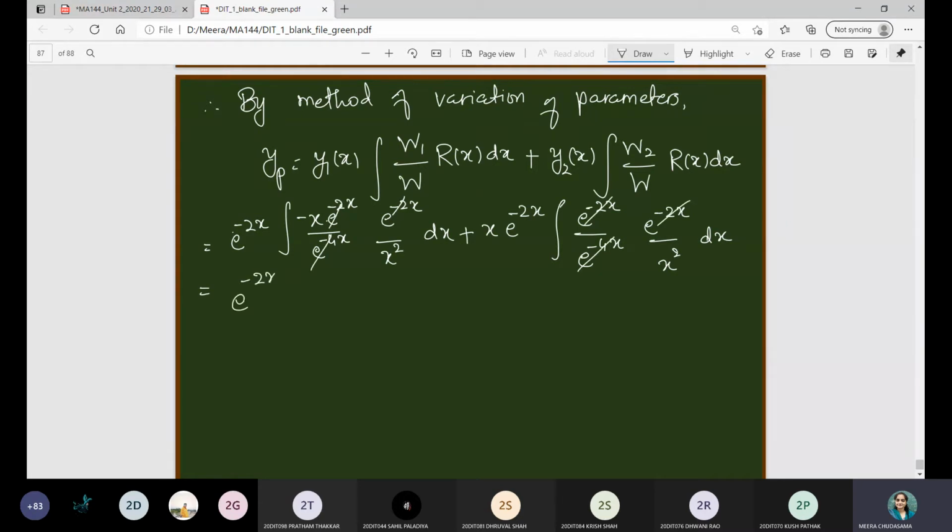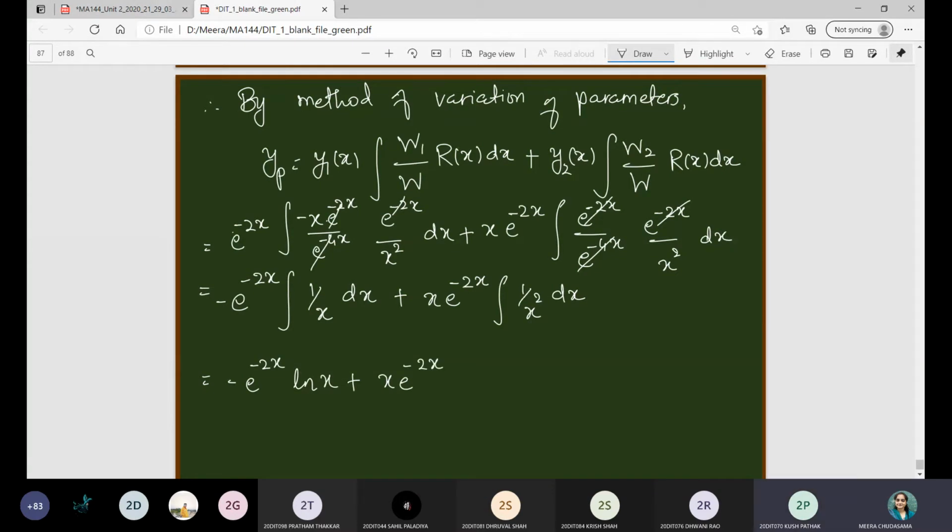So simplification will be, see here, minus sign I will consider outside of the integration. x upon x square is nothing but 1 upon x dx plus x e raised to minus 2x is the term as it is, and here in the integration it will be 1 upon x square dx. What is integration of 1 upon x? ln x. Log x. ln x plus integration of 1 upon x square, minus 1 upon x.